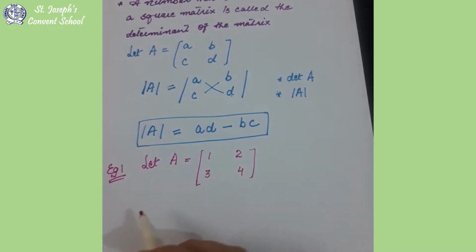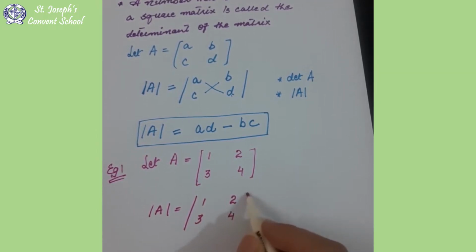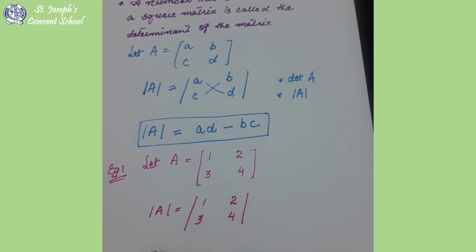You have to find the determinant, so we will change the matrix into determinant form as the first step, and then in the next step you will multiply.